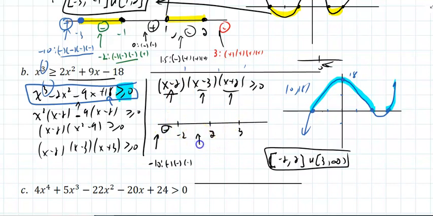A point between a negative and a positive 0 is ideal. 0 there, there, and there. That will be negative 2 times negative 3 times positive 3, which is a positive. A point between 2 and 3, 2.5.